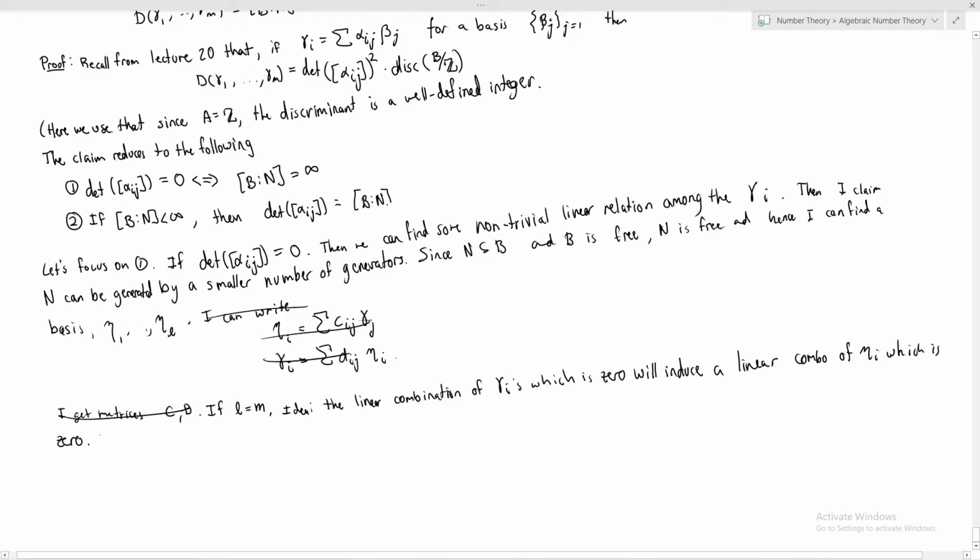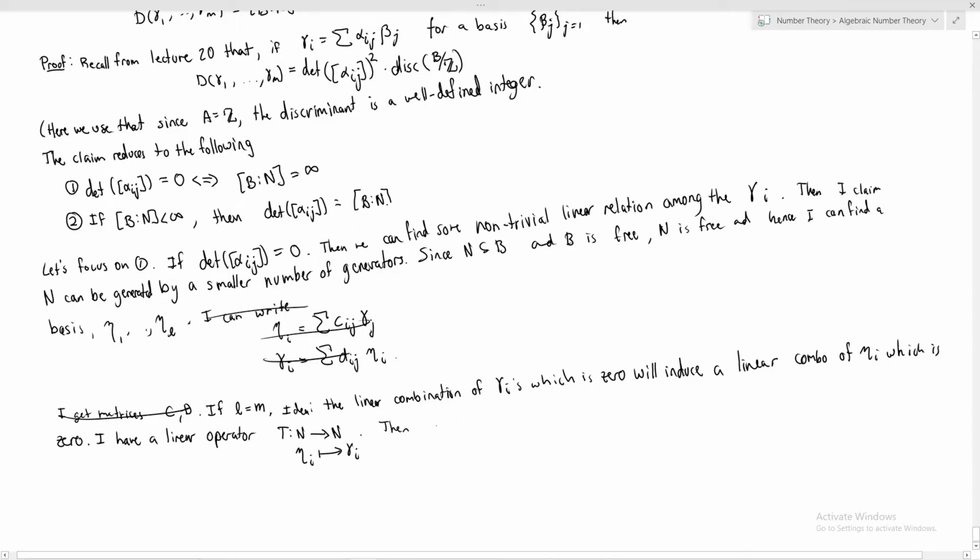So I've got some linear operator. I have a Z-linear operator, let's say T from N to N, which sends, let's say, eta i to gamma i. So assuming L equals M, then I can define this linear operator.